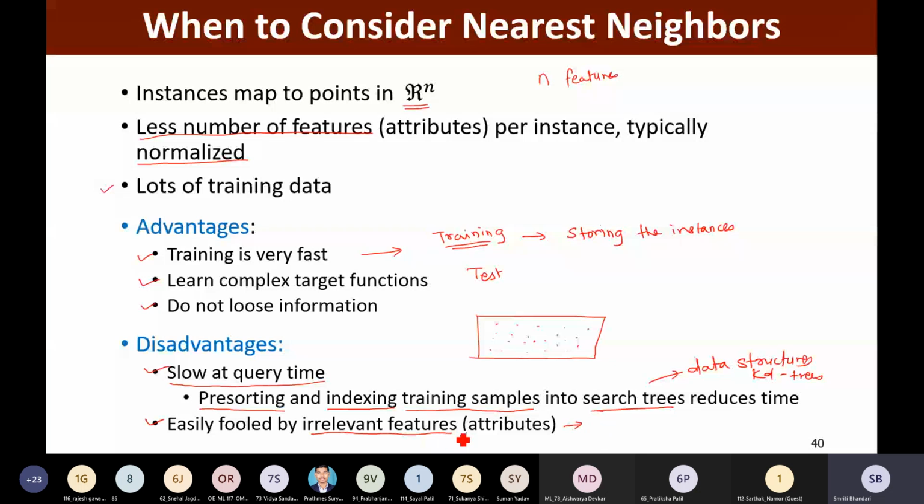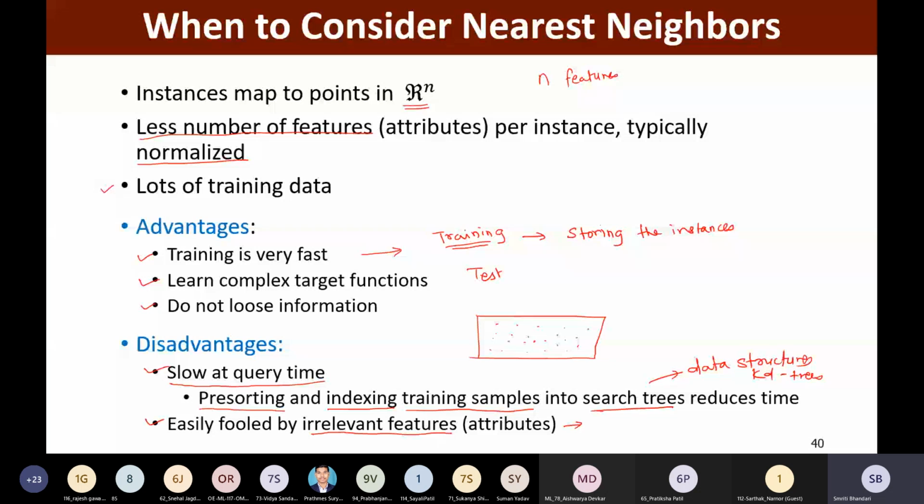As I stated earlier, to deal with this second disadvantage, having irrelevant features, we have seen two approaches that can be used. We may weigh different attributes with different weights, or we may eliminate the irrelevant features.